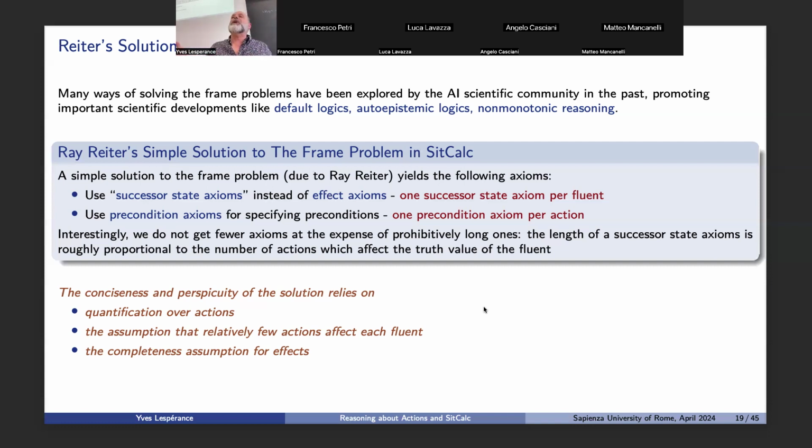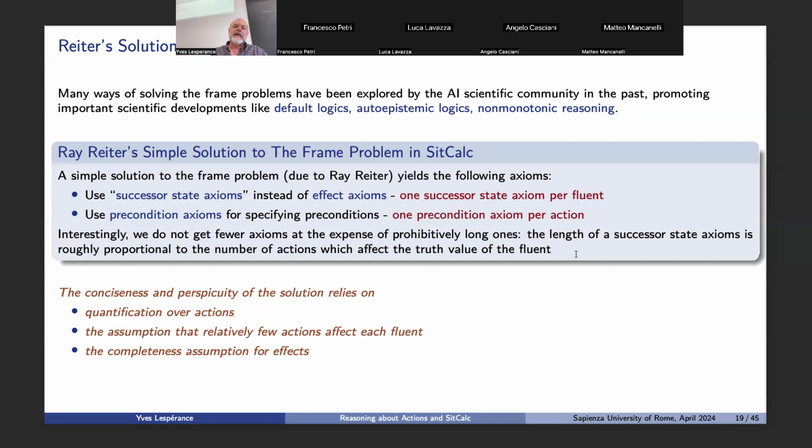You could say, well, you get rid of all the frame axioms, which are quadratic in the number of fluents and actions, by having one very, very long axiom per fluent. That wouldn't be good.